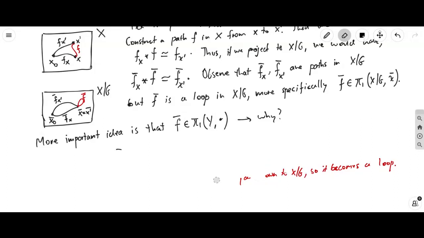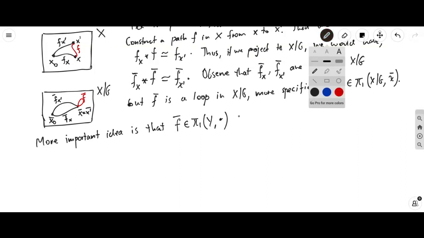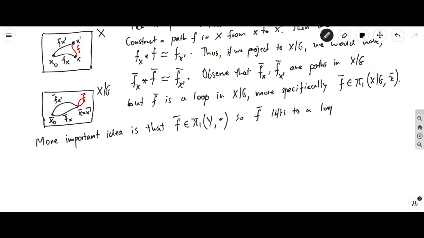And now, remember what we said earlier: if some element belongs to the subgroup, it means it lifts to a loop. In general, a loop will lift to a path. But because this f belongs to the subgroup, it lifts to a loop. I.e., f bar lifts to a loop in Y. So now let's draw.